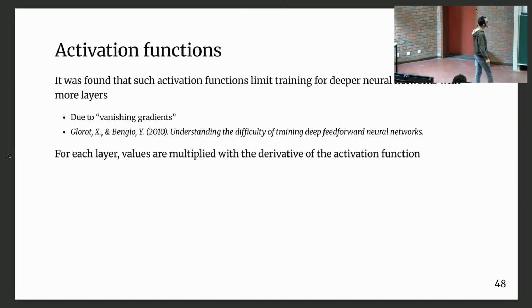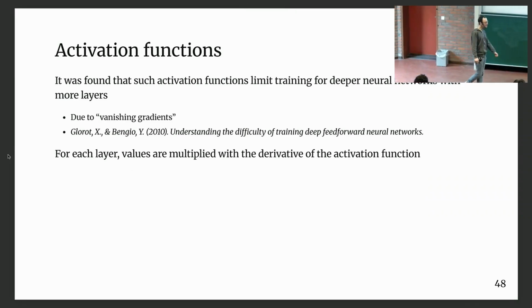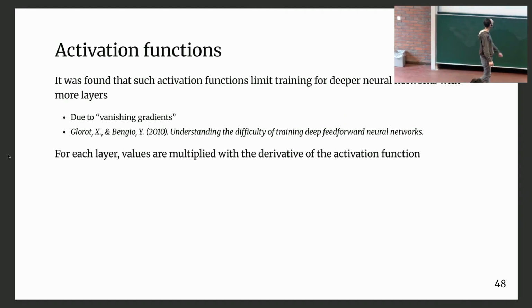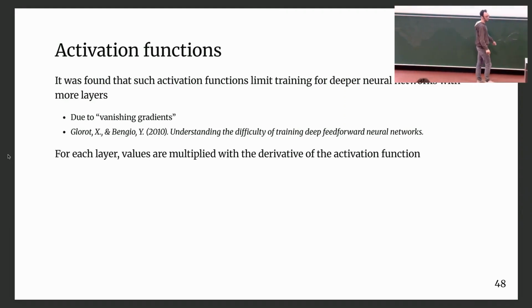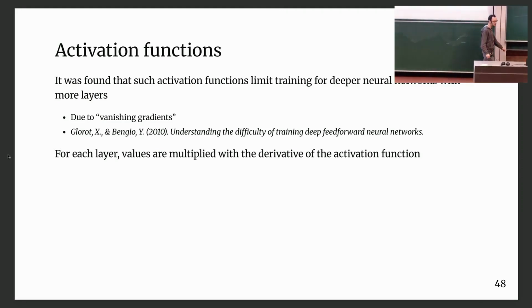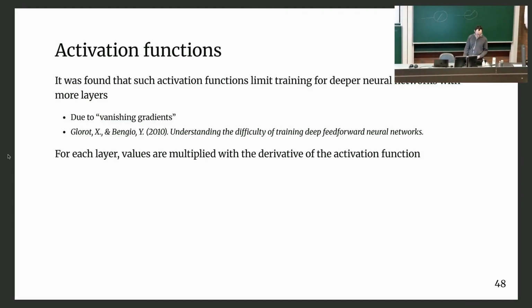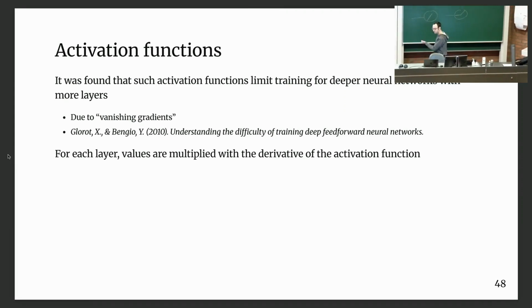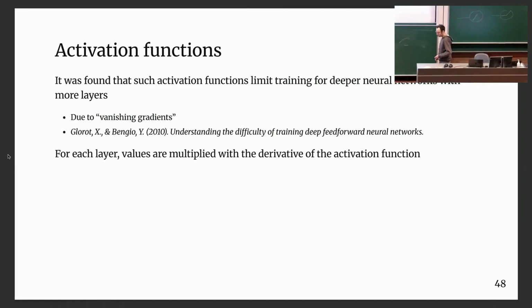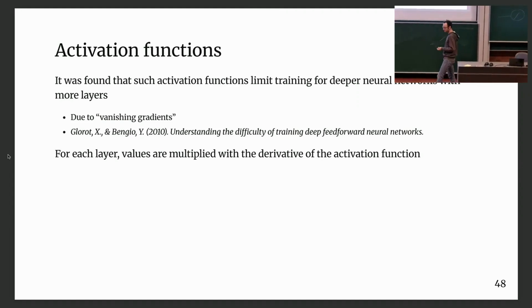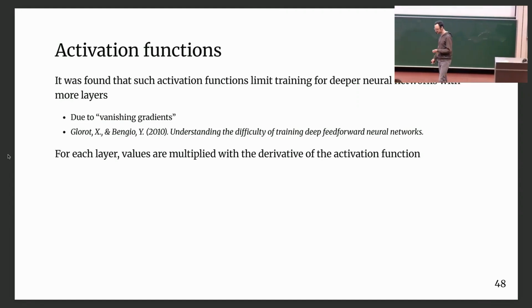Nowadays, we have found that these activation functions actually limit training for deeper neural networks that have more layers. And the reason why this happens is due to an issue called vanishing gradients. It took a surprisingly long time to figure that out, but that's one of the things that the AlexNet paper was capable of figuring out, and hence why they introduced the ReLU activation function.